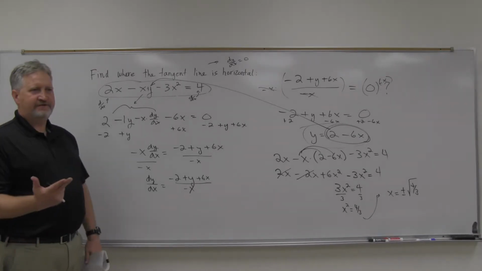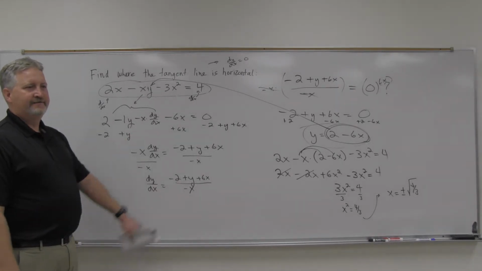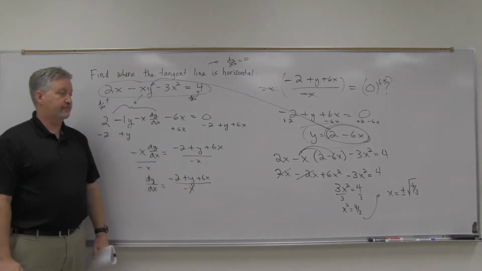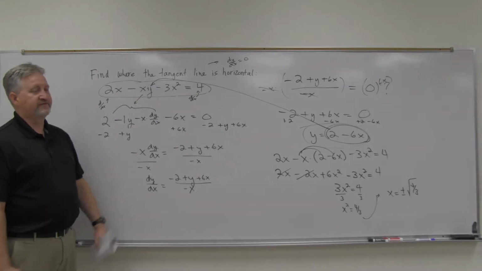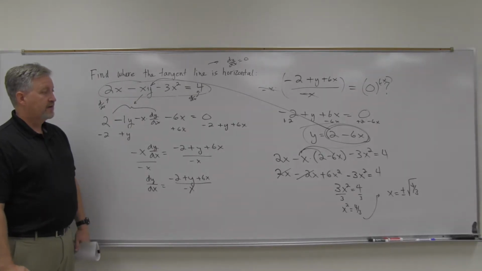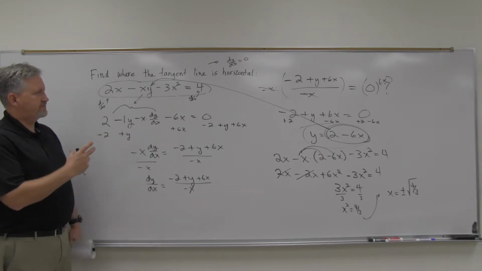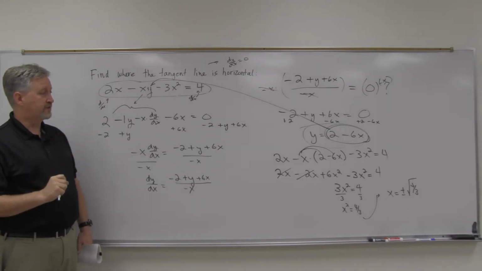So the answer to the question, where is the tangent line horizontal, that technically would answer it. It's x equals plus or minus the square root of 4/3, which we can simplify however you want. Now, I didn't ask it specifically, find the points where the tangent line is horizontal.